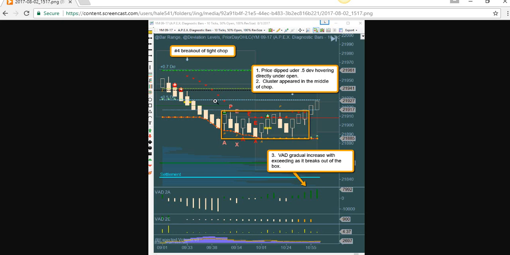So price dipped under this 0.5 deviation, and we're at the low, and we've got this power line, and what do we have right here? We have a cluster in the middle of the chop, because what we want is for it to be a power play.